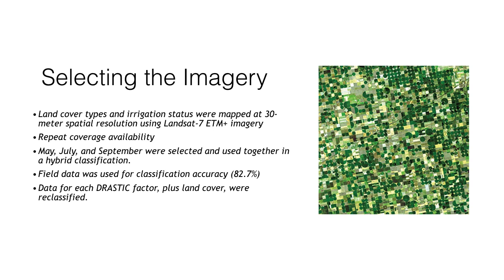Data for each of the 7 DRASTIC factors plus remote sensing derived land cover were reclassified. Land cover ratings were determined by the average amount of nitrogen fertilizer typically applied to various crop types.